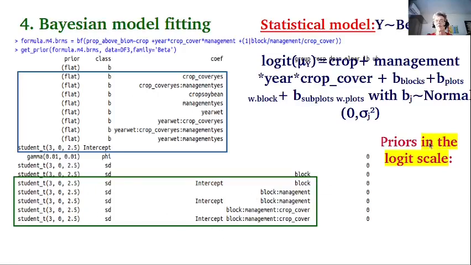All these priors are defined in the logit scale. I simply define one prior for all coefficients of type b. I use the logit function as a way of defining the variance of these coefficients. So please have a look in the book for further explanation as to why these priors were set.